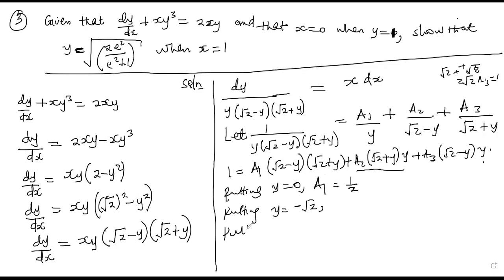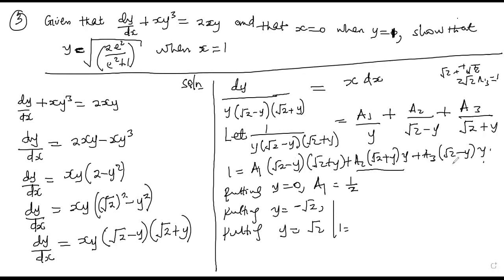Then if we put y as root 2, it will be root 2 minus root 2, the whole of this will go. Let's try solving it so that we don't bring in issues. If we put y as √2, we shall have 1 this side is equal to √2 minus √2, that is 0, so the whole of this has become 0.